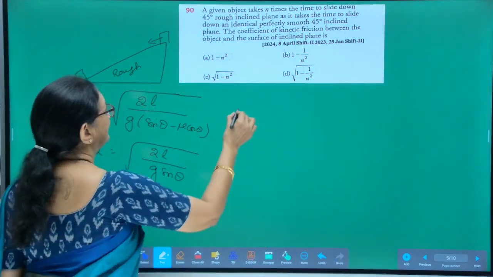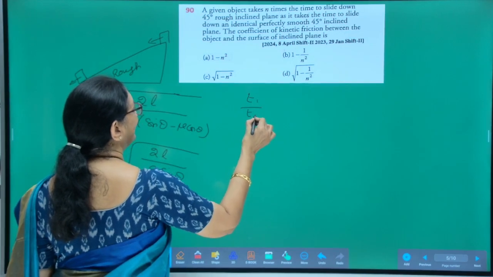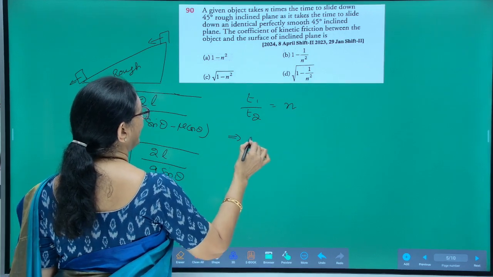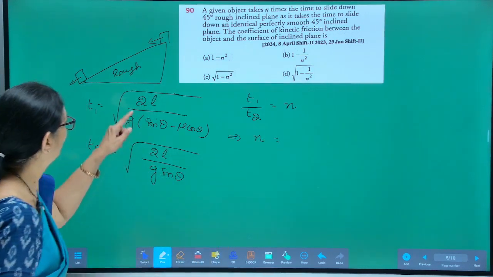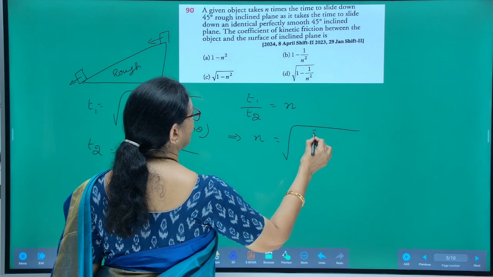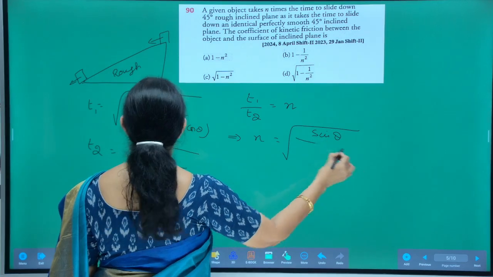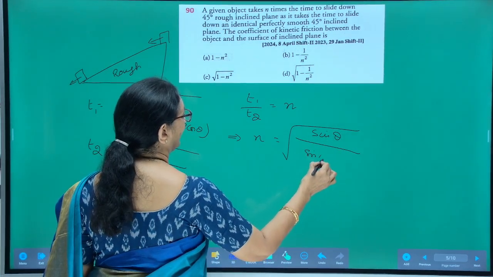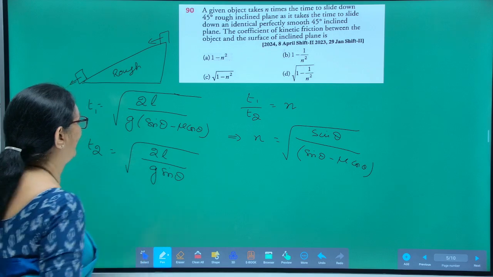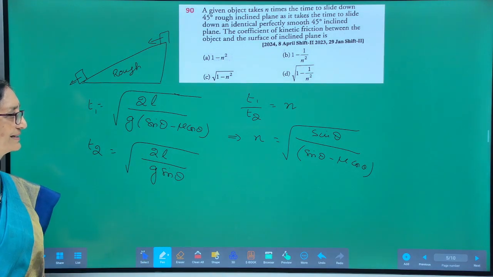That is, T1 by T2 is given as n, which implies n is equal to T1 by T2, that is, square root of sin theta by sin theta minus mu cos theta, because 2L by g gets cancelled.